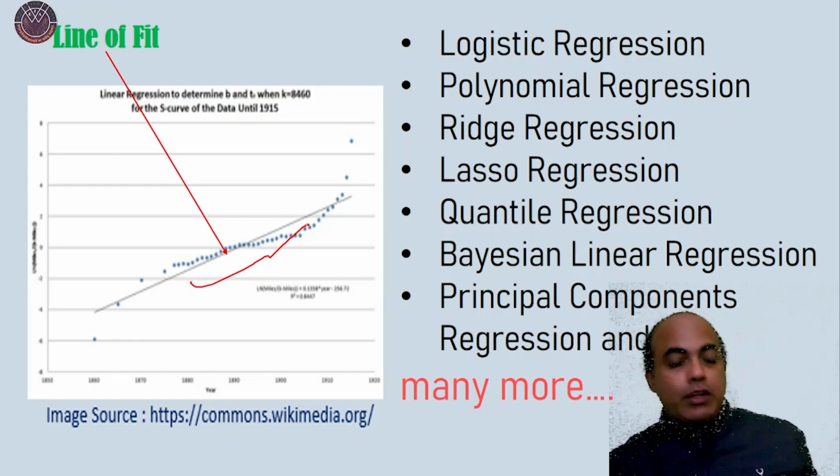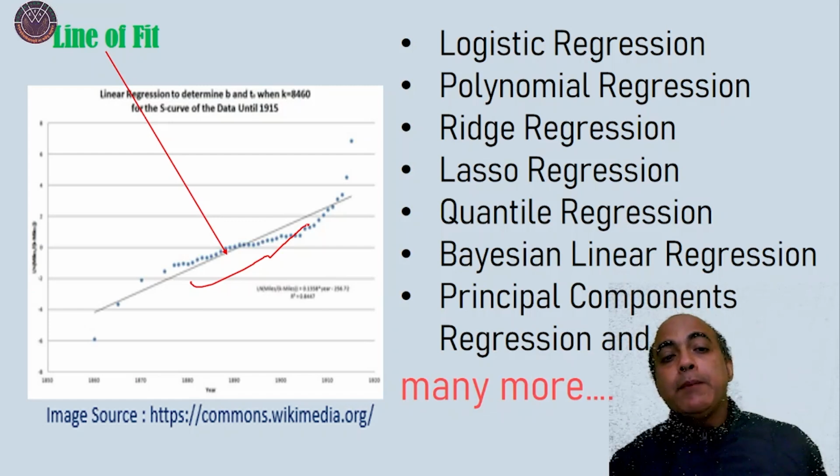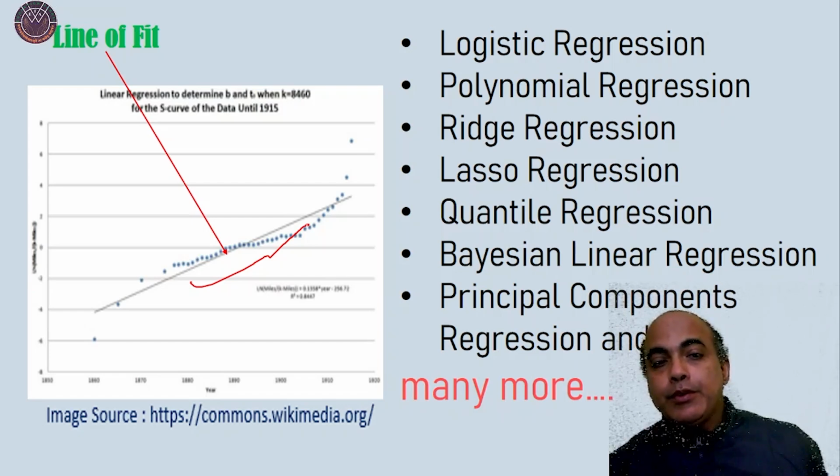This line of fit gives us a multiple regression equation which can be used to predict the dependent variable. So from this, you can predict the dependent variable using one or two or multiple independent variables. This is the idea behind whenever we are doing multiple regression.